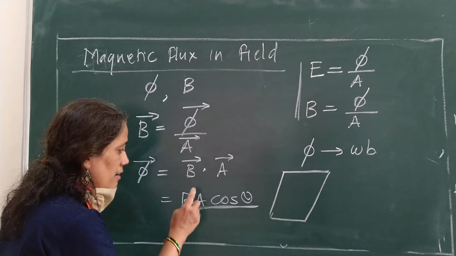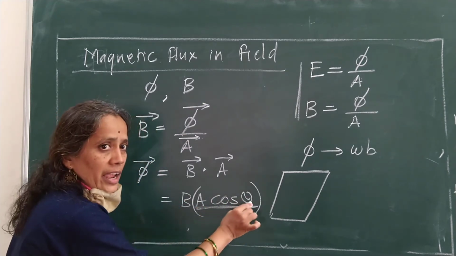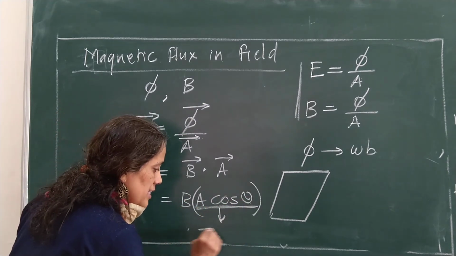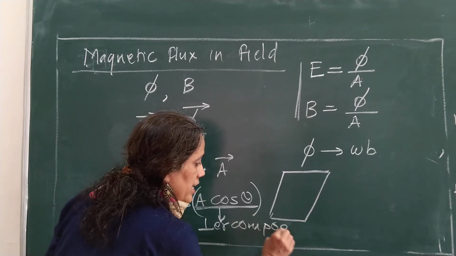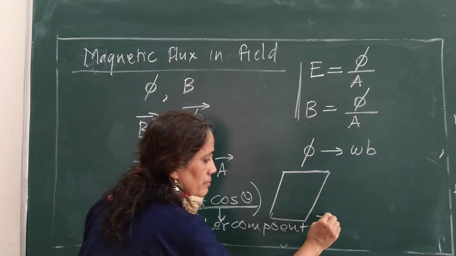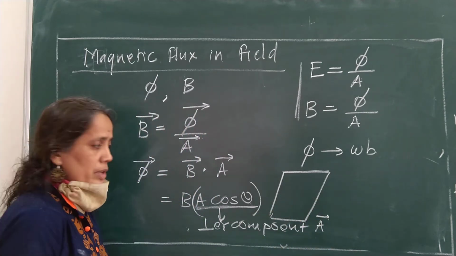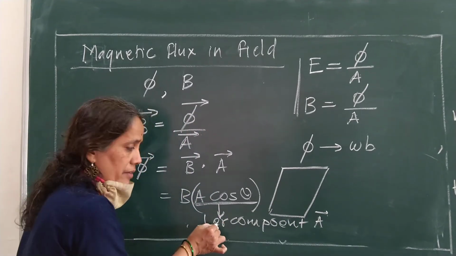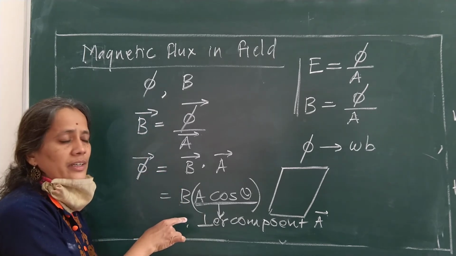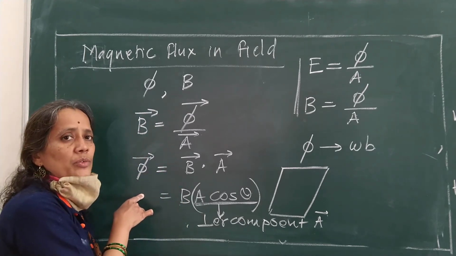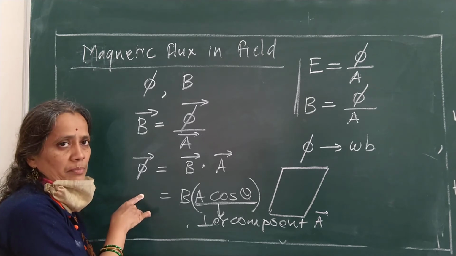So this is the concept of this A cos theta. It is the perpendicular component of the area vector. If the perpendicular component of area vector and the direction of magnetic field are both parallel to each other, then magnetic flux will become maximum.